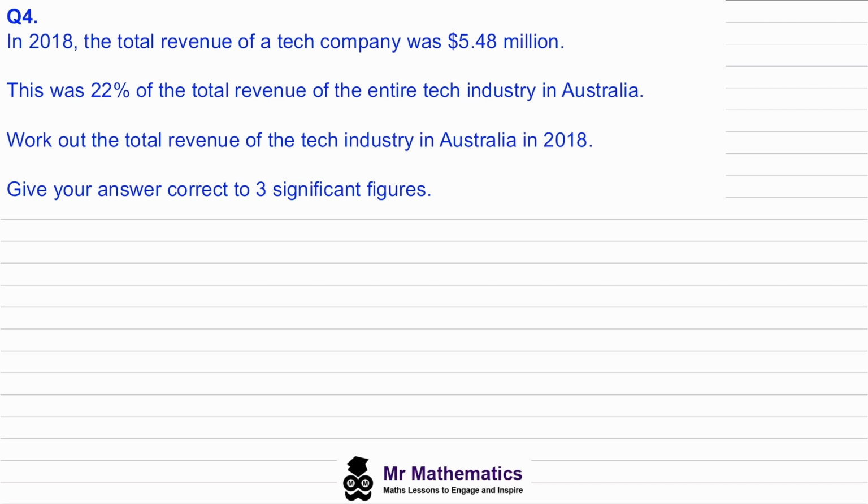Okay, so welcome back if you had a go. So we'll write the ratio as percentage to millions of dollars. We know 22% was 5.48 million. To work out the total revenue, we need 100%. So now it's probably easiest to work out either 2%, which is the common factor, or 1%.